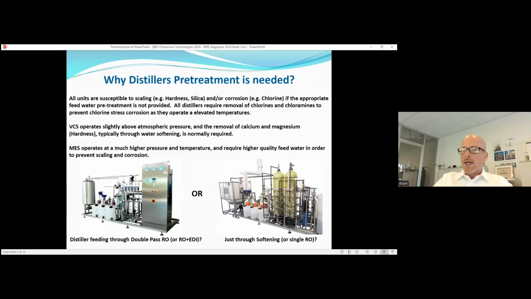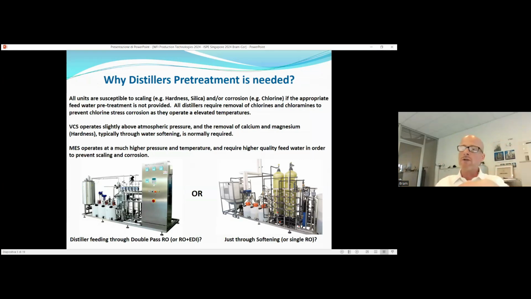We all know why the pretreatment is needed for the reverse osmosis, because the PW generation teaches us the reason why we have to do that. We can summarize. When we talk about membranes, we have very tight porosity in them.